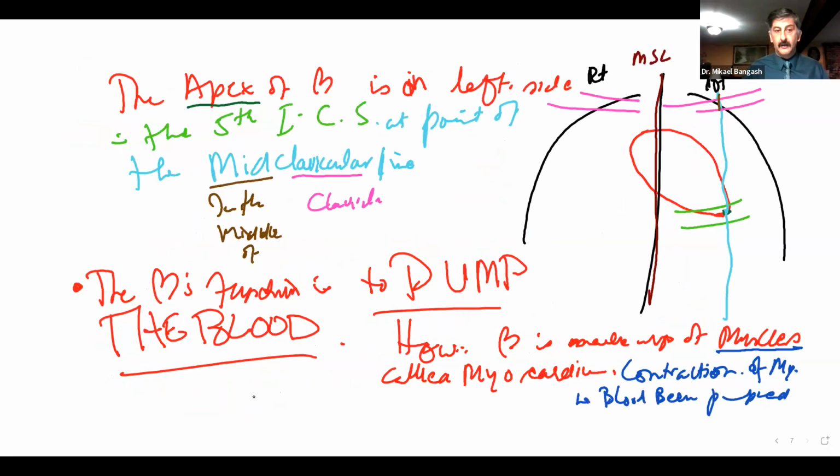But practically, where is that found? It is found on the left side at the fifth intercostal space at the point of the midclavicular line. So where the left midclavicular line crosses the fifth intercostal space, that's where we find the apex.